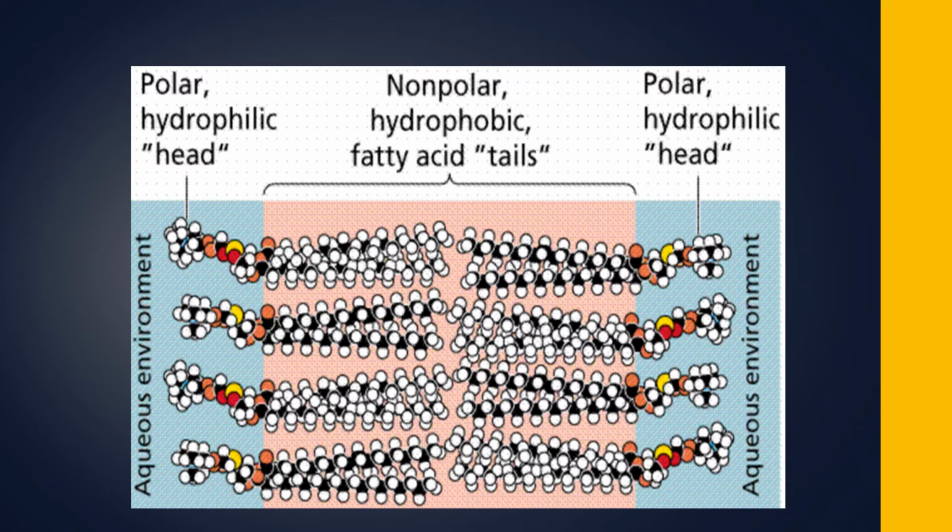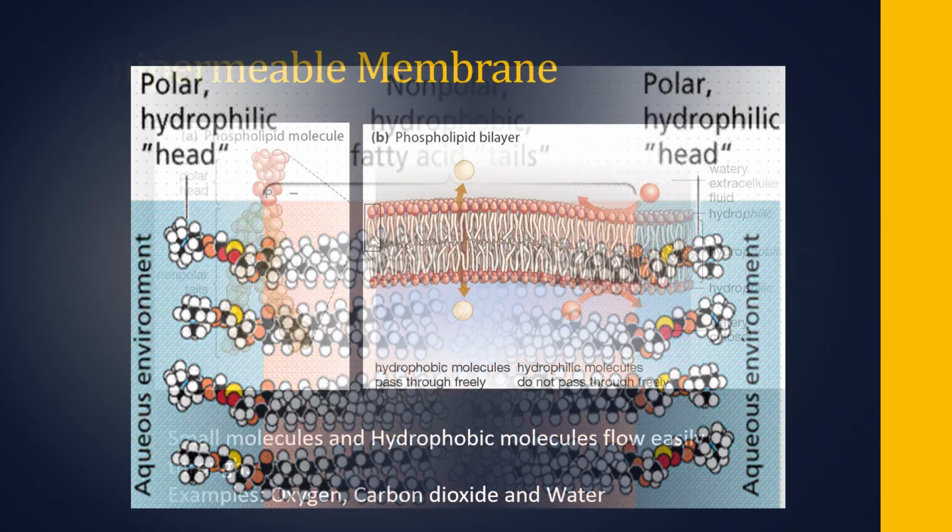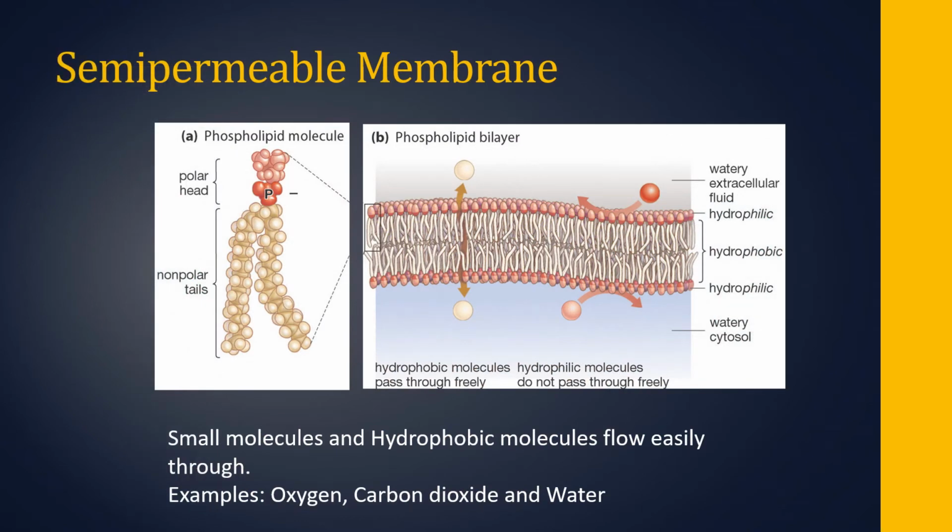This is how the phospholipid bilayer is situated in the aqueous environment of the cell. If we look at figure A, that is the phospholipid molecule, the thing that we've been discussing previously. And on figure B, we have the phospholipid bilayer. That is the whole semi-permeable membrane, which is the plasma membrane.